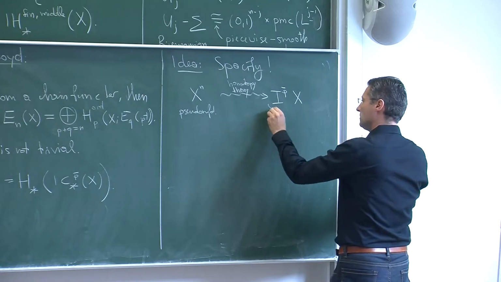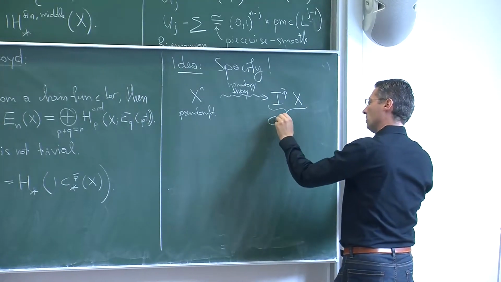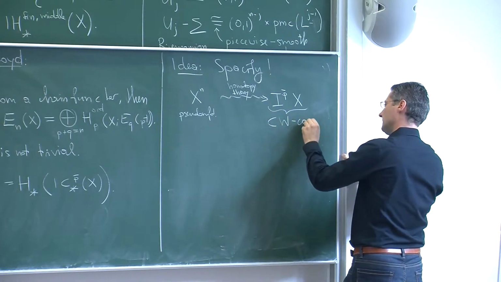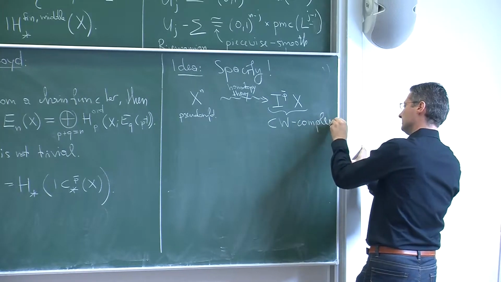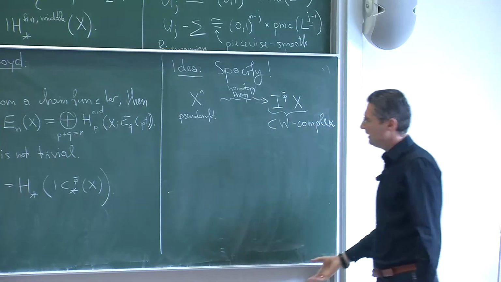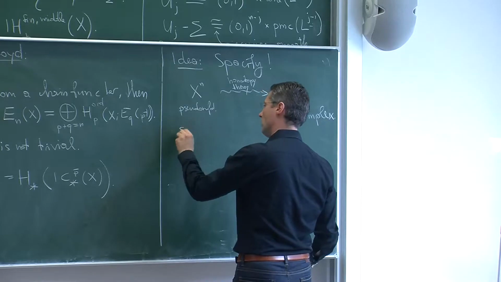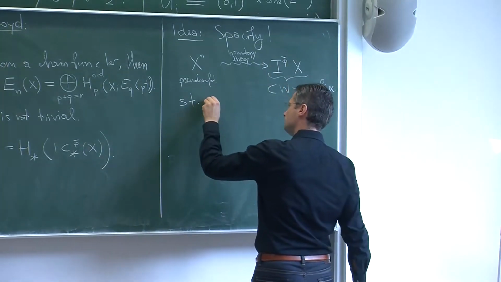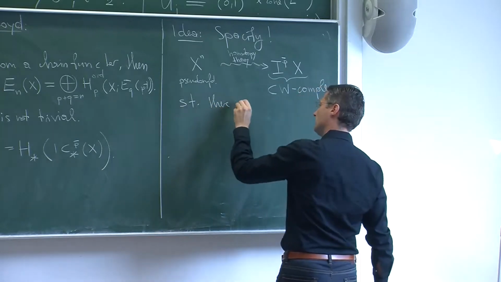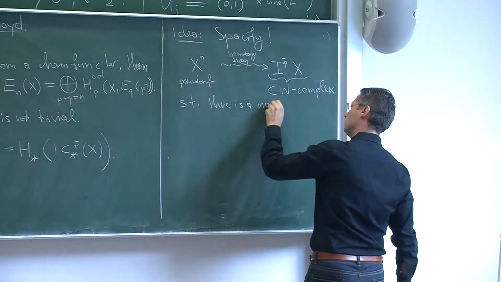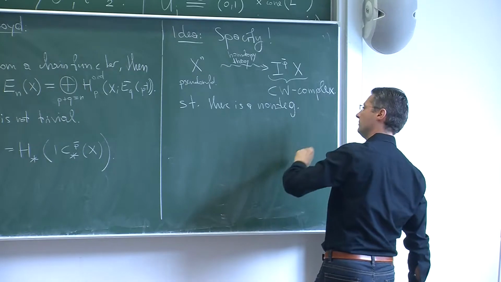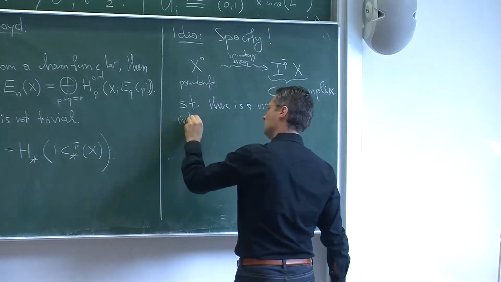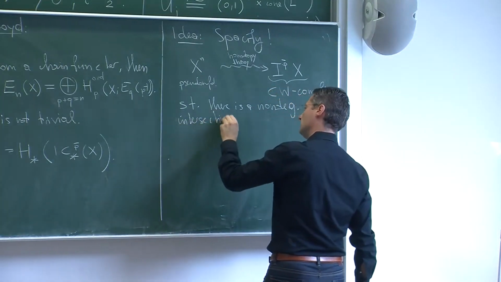But this will be a space, more precisely a CW complex, a cell complex, such that there is a non-degenerate intersection pairing.